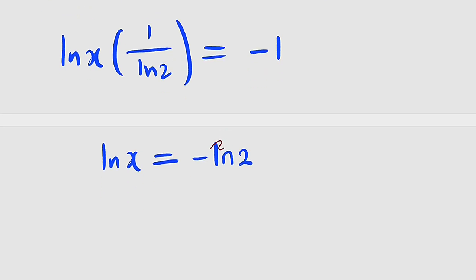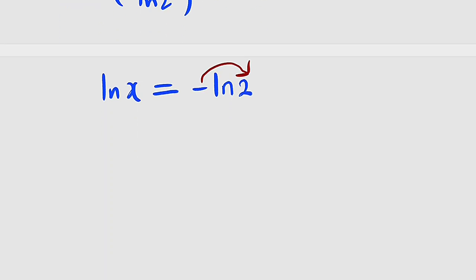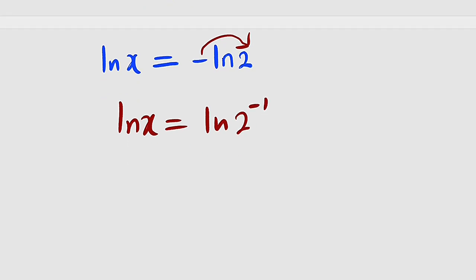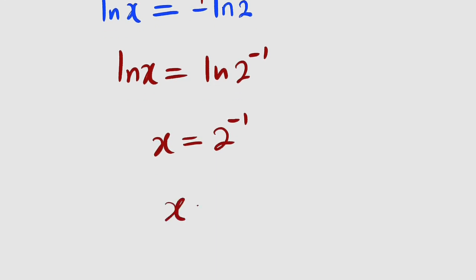And from one of the laws of logarithm, you know this negative 1 can serve as the power of 2. So we have ln x equal to ln of 2 raised to the power of negative 1, right? The ln's will cancel. It implies that x equals 2 raised to the power of negative 1, which is the same thing as what? 1 divided by 2. Therefore, x is equal to 1 divided by 2.